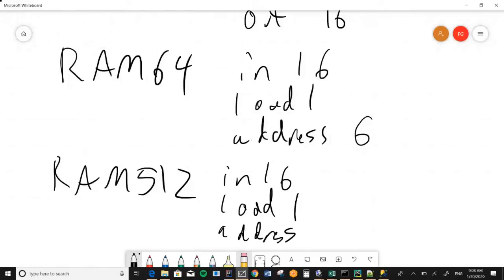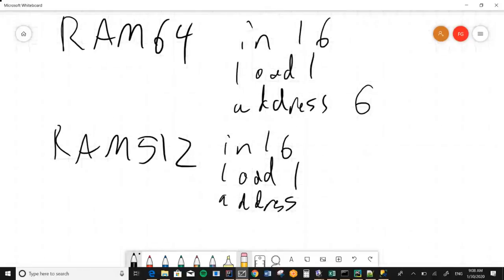How many address bits are we looking at here? 2 to the 9th power is 512. So that's going to have 9 address bits. Again, if you really, really want, you can put 512 registers in that chip, or you can use 8 RAM 64s.